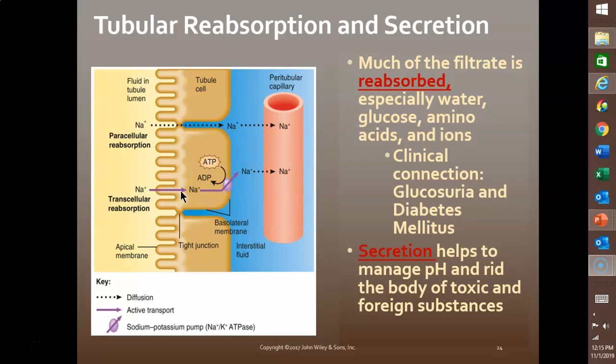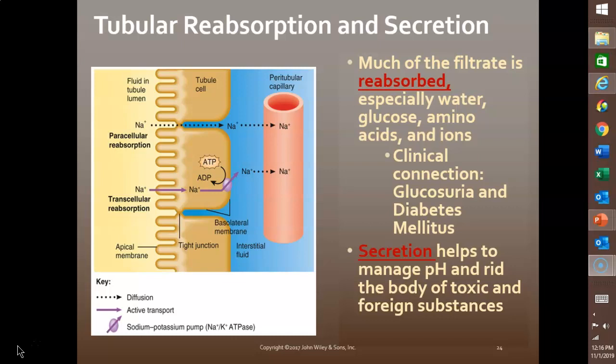And then sodium-potassium pumps are going to hydrolyze ATP and utilize that energy to pump sodium out. Either way, we end up with something moving from inside the tubule to the surrounding tissues so that it can be resorbed back into the blood.